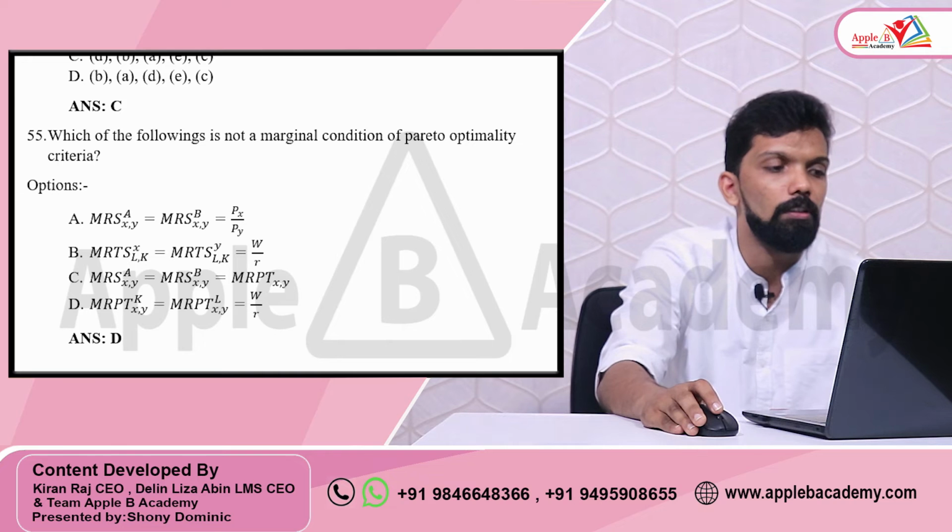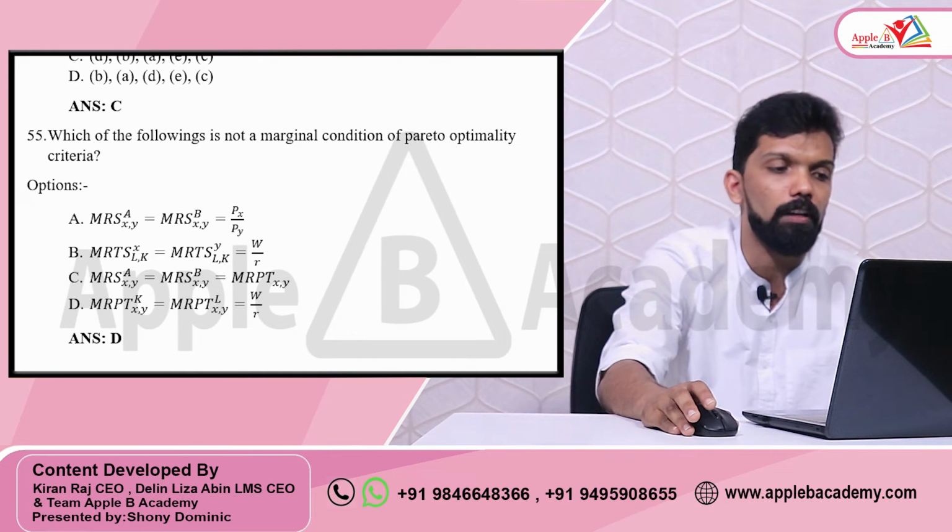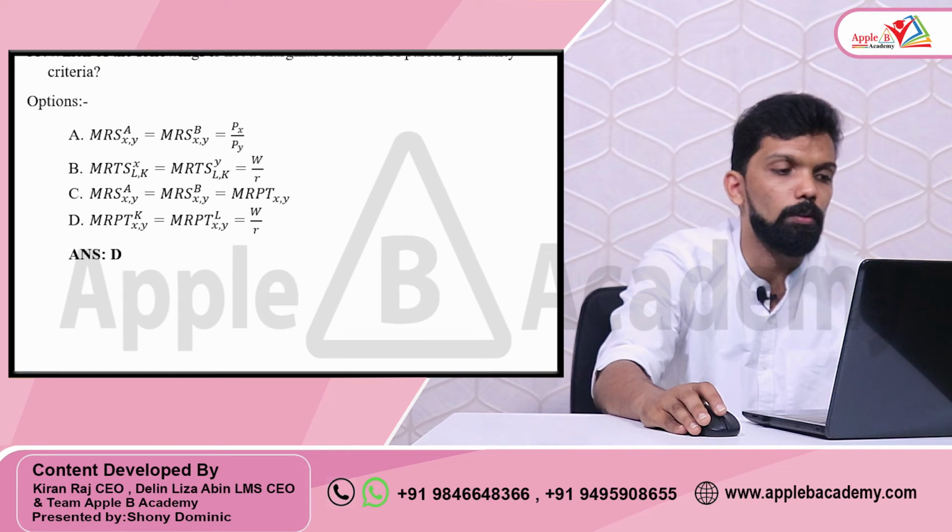Okay. So question number 55. Which of the following is not a marginal condition for Pareto optimality criteria? So we have to find out the marginal condition for the Pareto optimality.